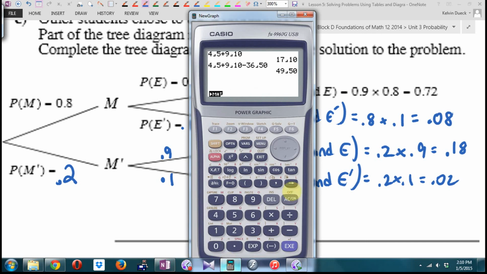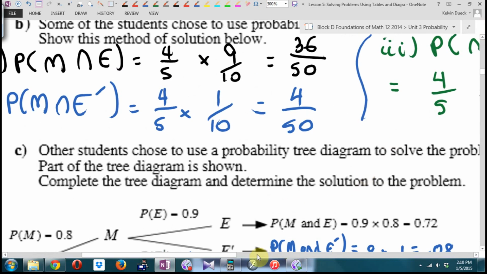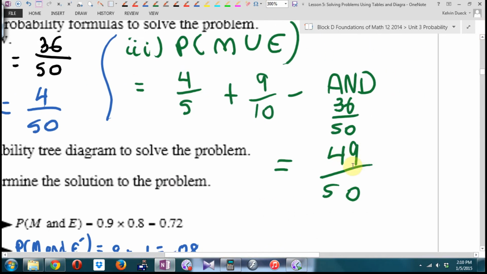Look up. Passing one or the other or both, that plus that plus that, there's my 98%, my 49 out of 50.